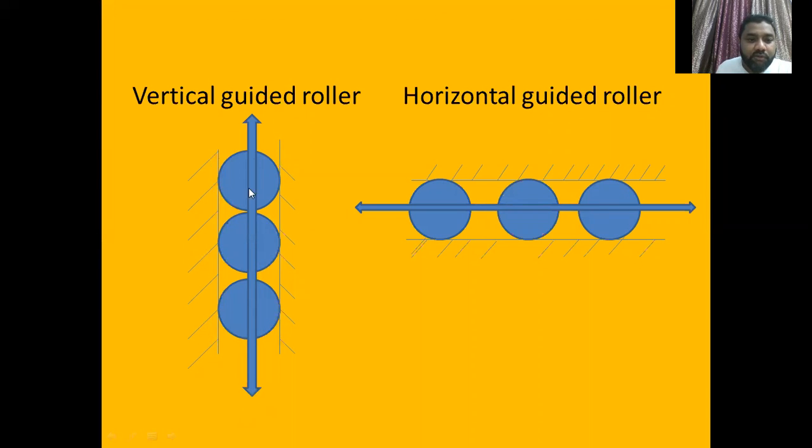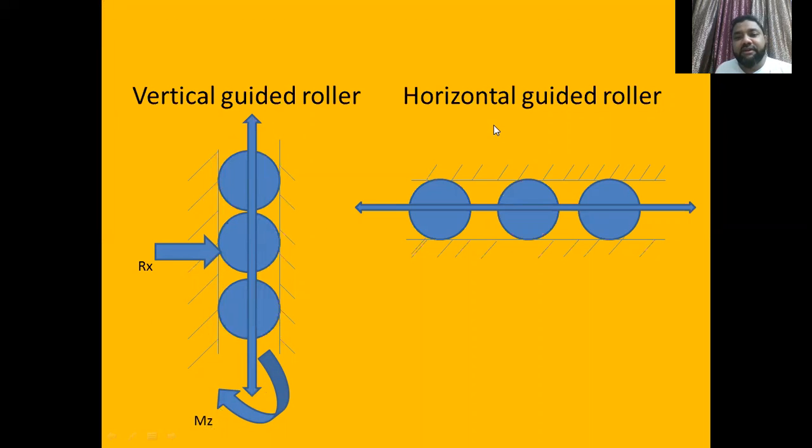So the roller will move in the vertical direction. It will not move in the horizontal direction, and it will not rotate. So that means there will be a reaction in the horizontal direction, and there will be a reaction moment also. So Rx and the moment in the Z direction. So in case of the vertical guided roller, we will have two reactions: one is Rx, another is Mz.